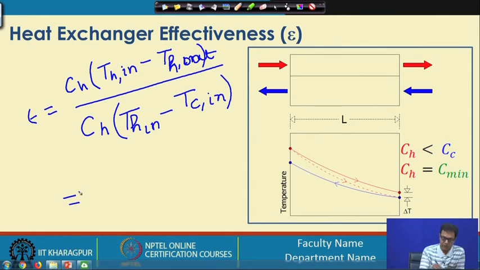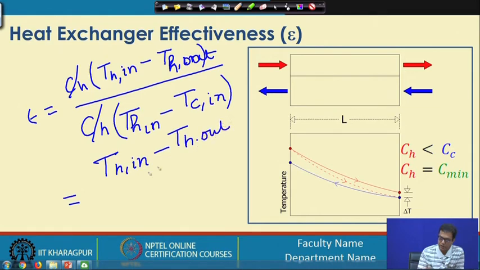So, this is cancelling out. So, this essentially becomes (T_H,in − T_H,out) divided by (T_H,in − T_C,in).